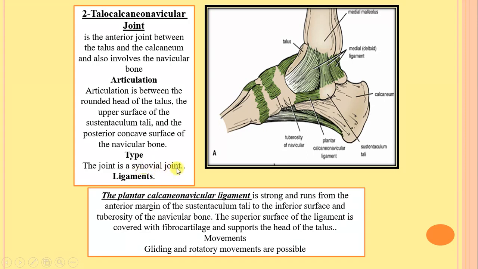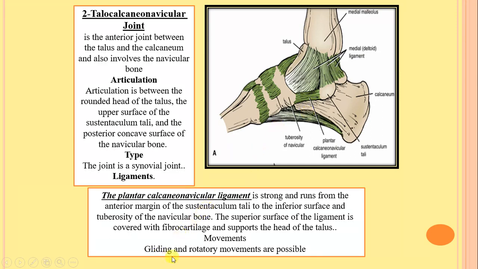And this is a synovial joint. One very important ligament is the anterior calcaneonavicular ligament, making part of the talocalcaneonavicular joint, and it is also called the spring ligament, providing the strength.